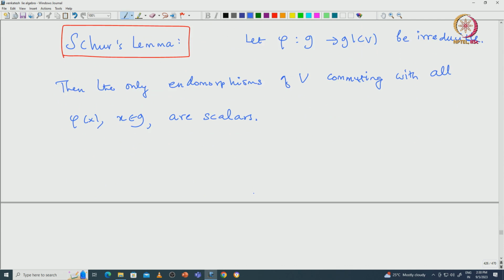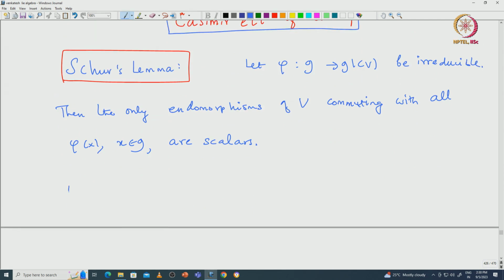What is the meaning of this? Suppose you have a linear map f from V to V that commutes with all this phi of x, x in G. That means it commutes with the action of G, so it is a G module homomorphism.